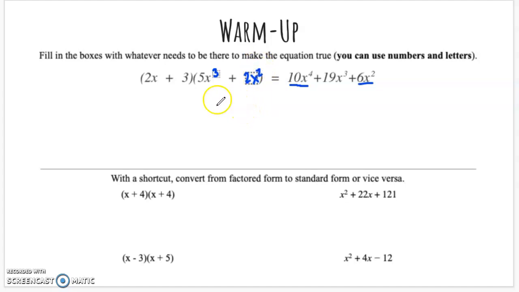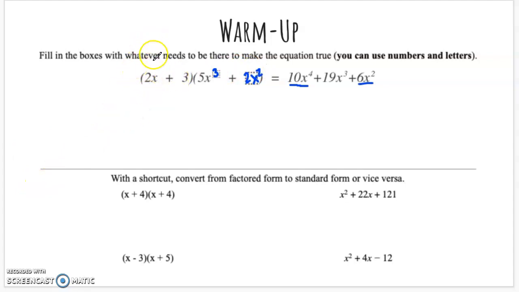And then we could go ahead and test it out. We know our first terms multiply to make that 10x to the fourth, and our last terms multiply to make that 6x squared. So we really just need to test out the middle terms to see if they make that 19x cubed.